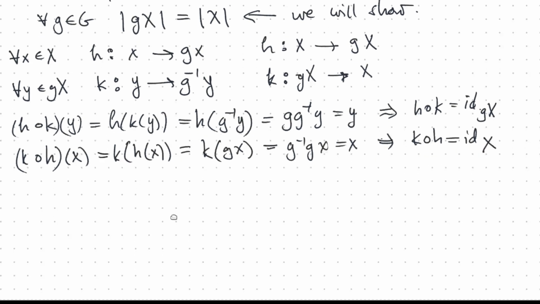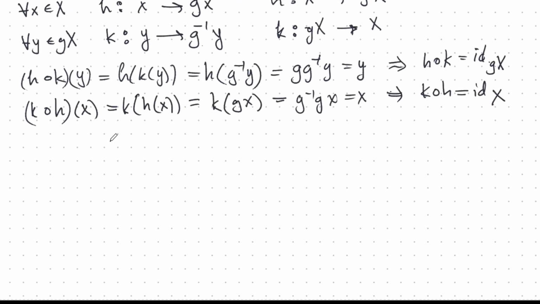And so because of this, h and k are bijections. I have created a bijection between gX and X. And so if there is a bijection between two sets, then they have the same cardinality. The two sets have the same size.